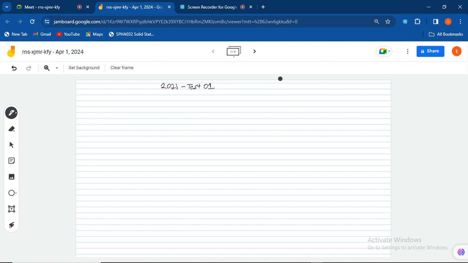So the first question, just write question number one. This question will be on the first answer. You can choose adiabatic.